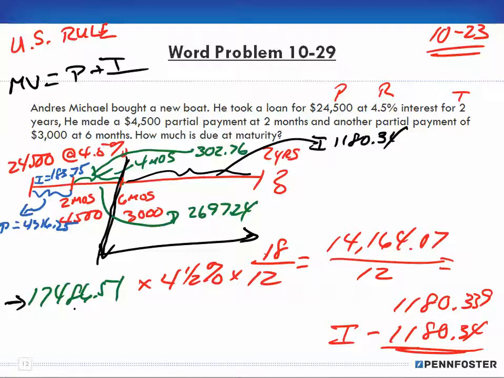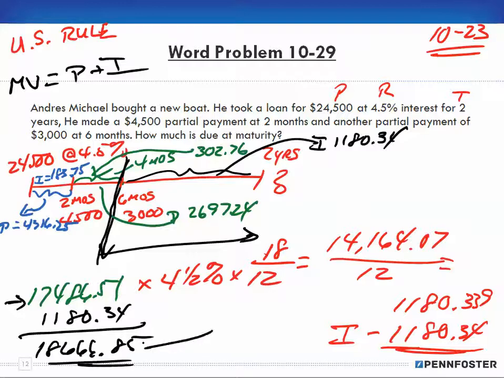We knew that the principal is $17,486.51, so we add the $1,180.34, and we get a final payment amount of $18,666.85. That's our payment at maturity, at the 2-year mark, when that loan matures.